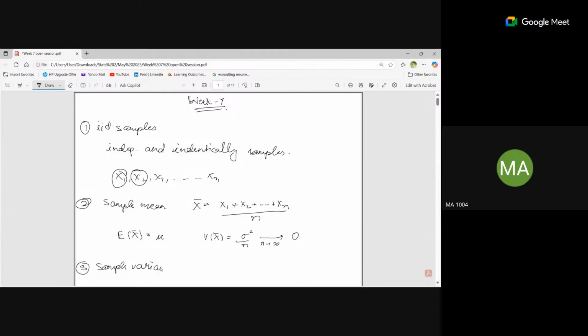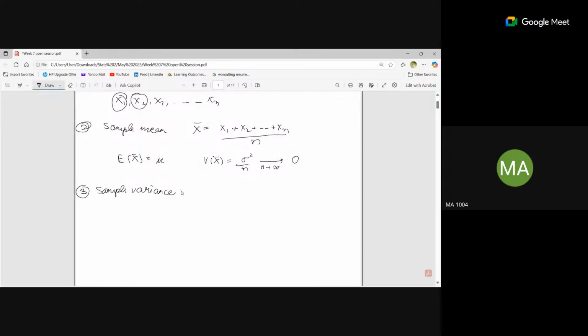Now the third thing is sample variance. What is the formula of sample variance? S square is equal to (x1 minus x bar) square plus till (xn minus x bar) square, divided by n minus 1. And the expectation of sample variance is equal to what?